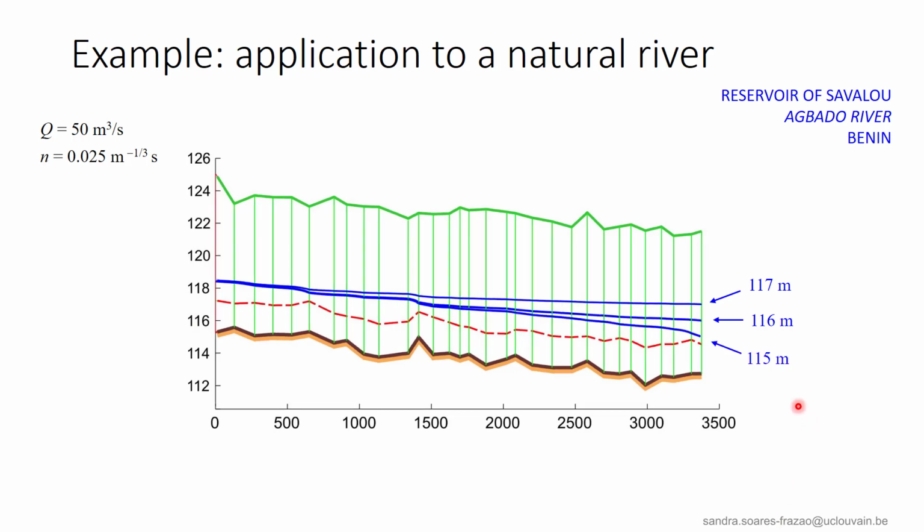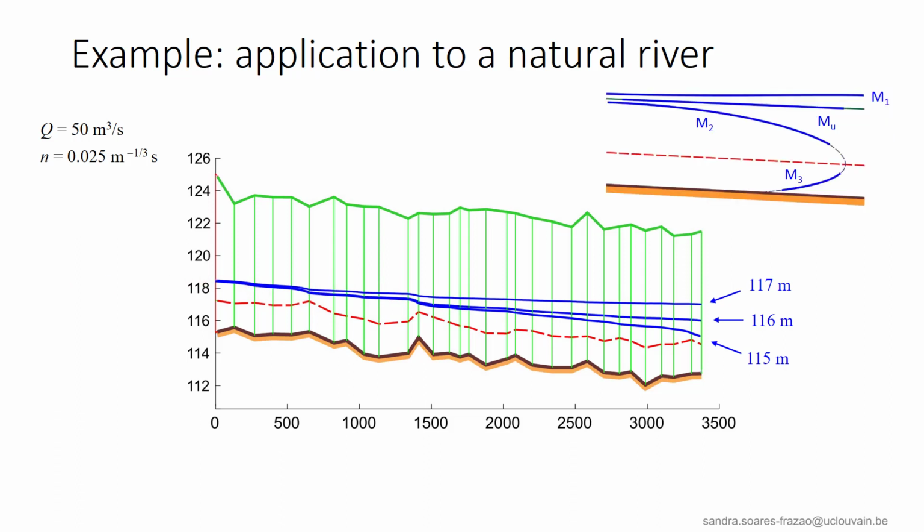If we now decrease the downstream level to 115 meters, we obtain this third profile that also converges to the same depth at the upstream end of the river reach.